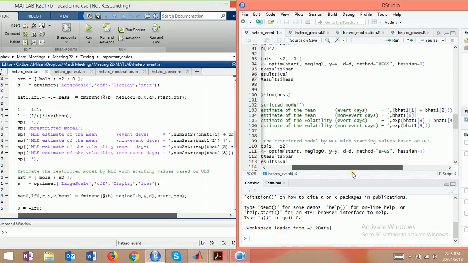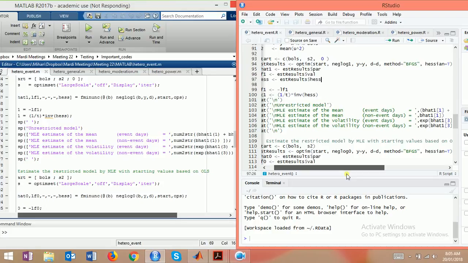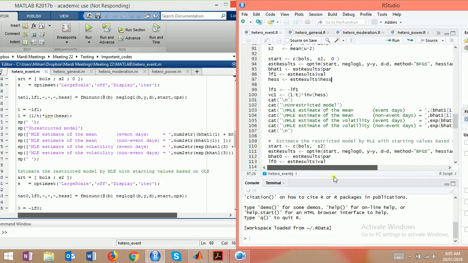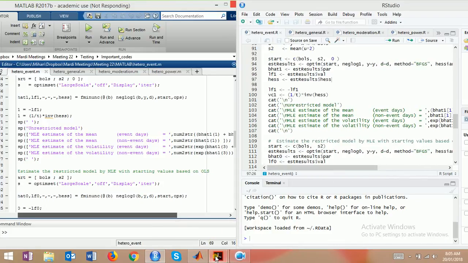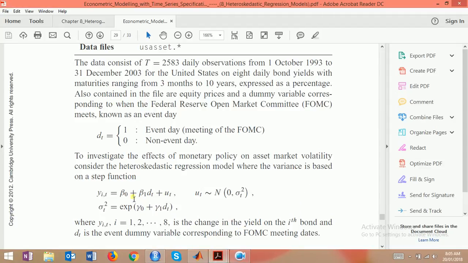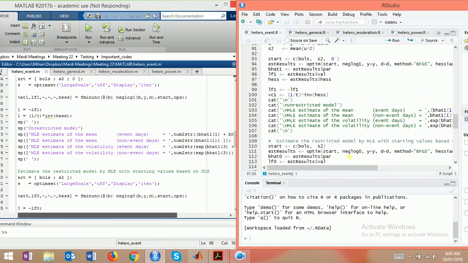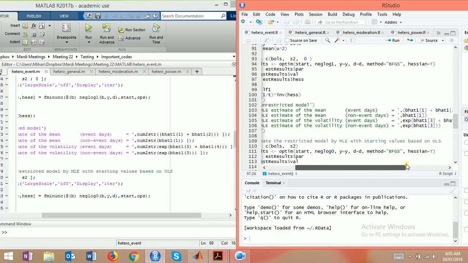So mean estimation, we have means first and then variances. So I have 2 means and 2 variances, beta naught, beta 1, for event day and non-event day.